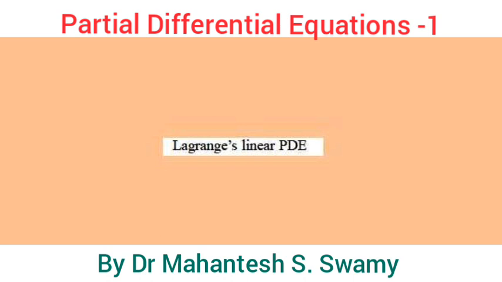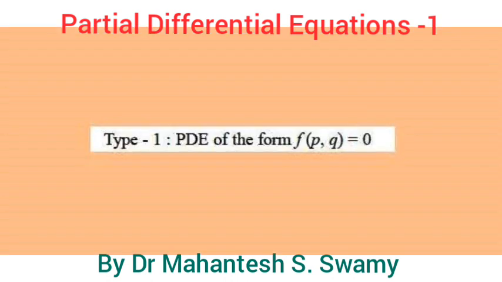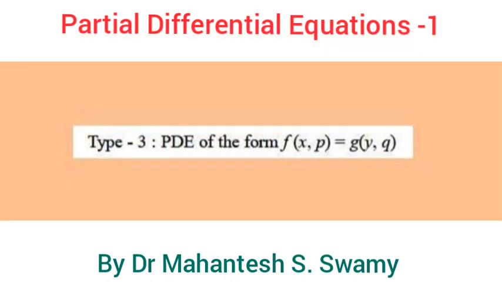And further we will discuss the first order non-linear PDE. So we will be dealing with the non-linear PDE of the first order, and we will consider four different types of PDE. The first type where the given equation will be of the form f of p comma q equal to 0. The second type where the given equation will be of the form f of p comma q comma z equal to 0.